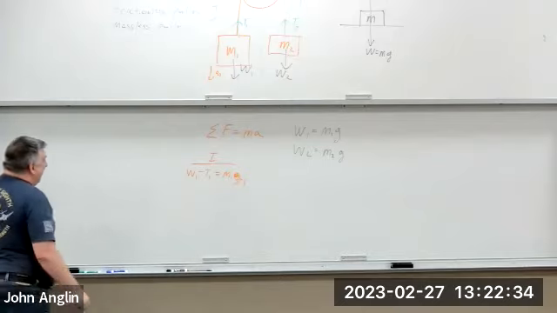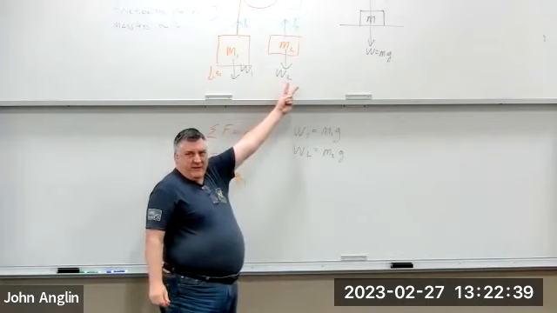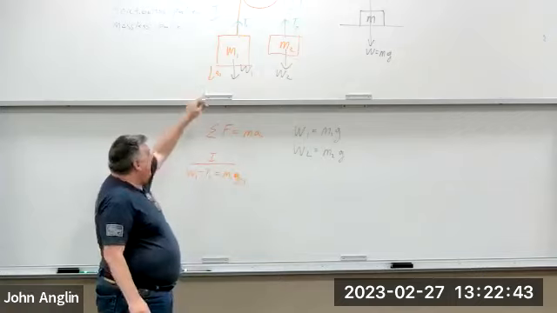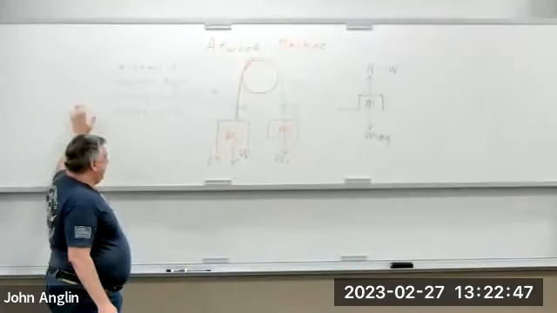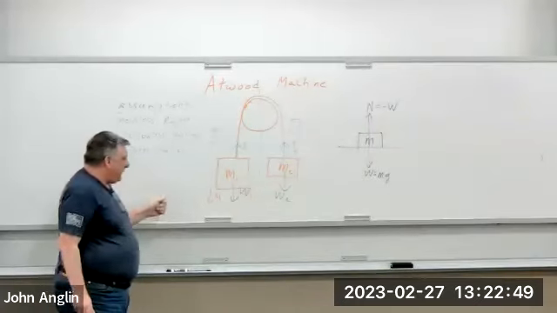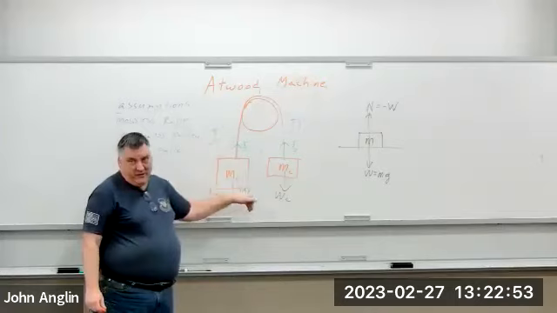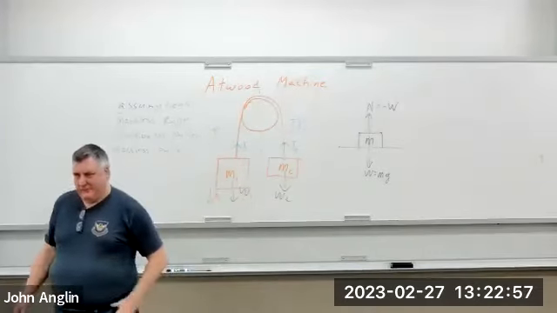Why is that? Because we have this other connected weight, so that's going to slow it down. Obviously, the way the system is drawn, if one of these sides moves down, because they're connected, the other one has to move up.